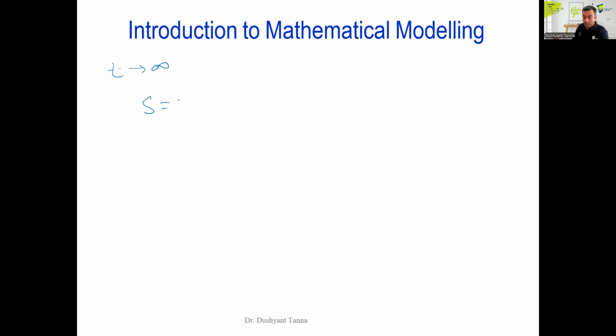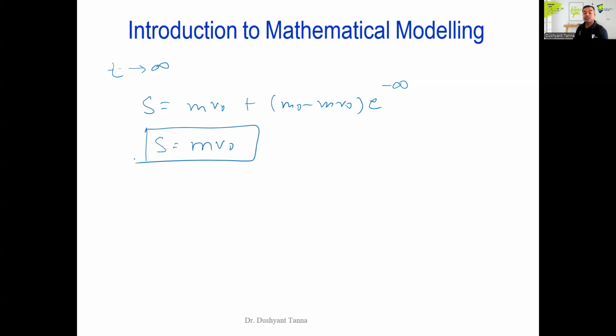My S, which is m v0, plus (m0 minus m v0) e raised to minus infinity. So e raised to minus infinity is 1 over e raised to infinity, 1 over an extremely large number, and that will tend to be 0. And therefore, your S will be nothing but m v0. So when you've got no restriction of time, your salt S will be m v0.